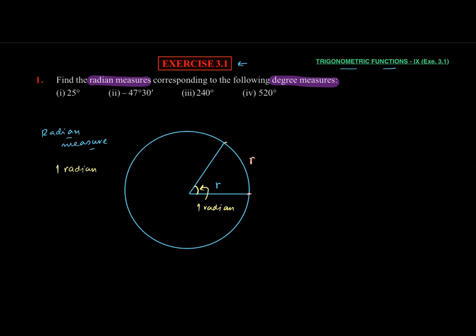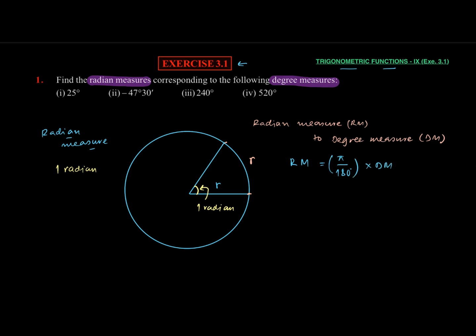The formula for converting degree measure to radian measure is: radian measure is equal to pi over 180 degrees times degree measure.